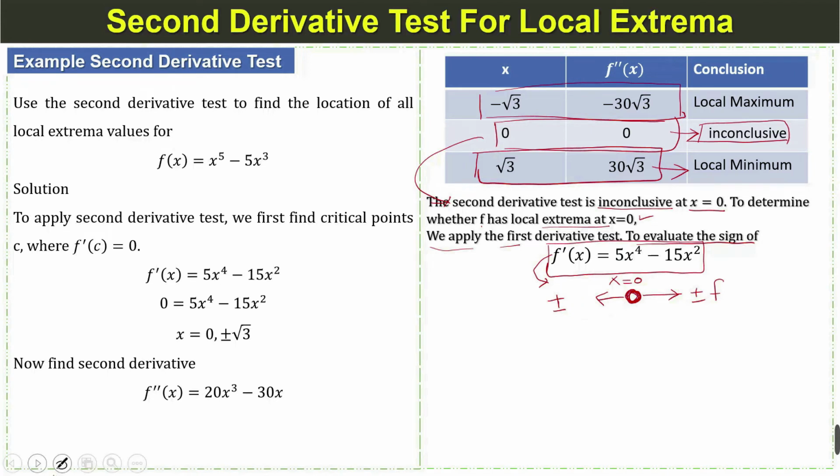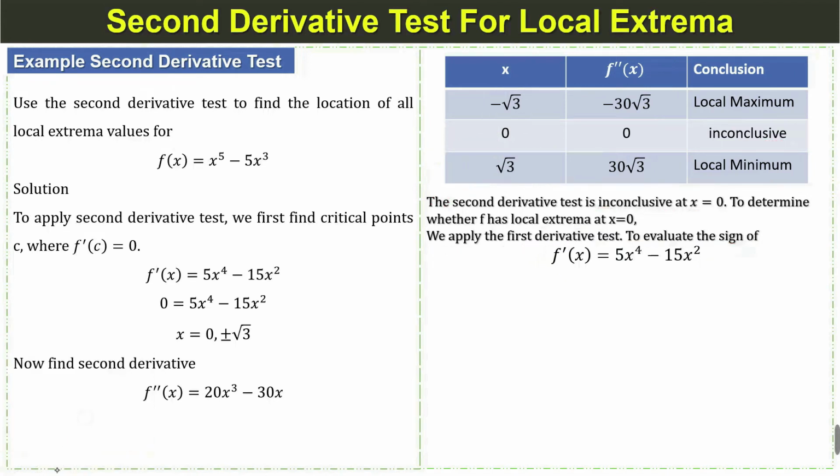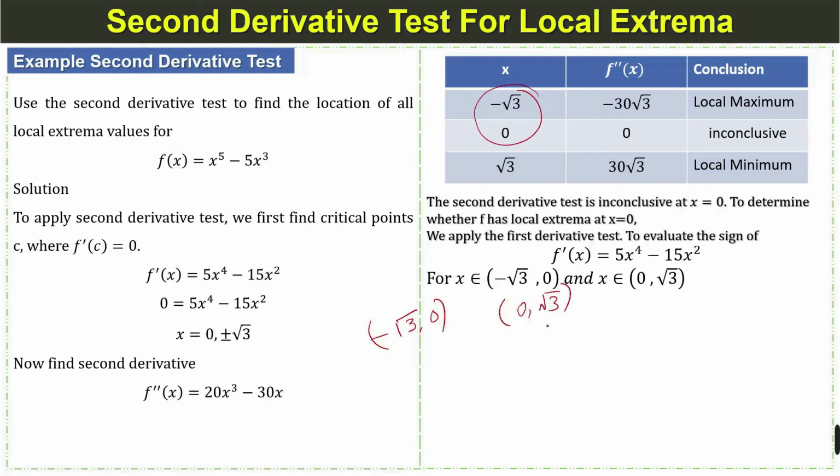Okay, so first we divide the interval. We take the interval from minus √3 to 0, and the next one is 0 to √3. These are two intervals, and we will take some arbitrary test point from this interval and from this one also.